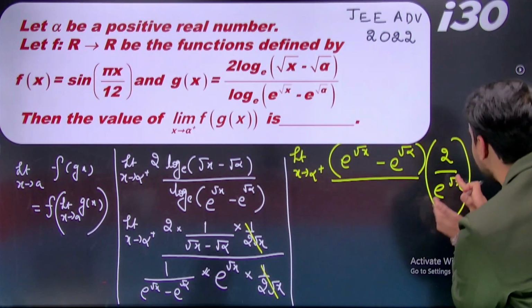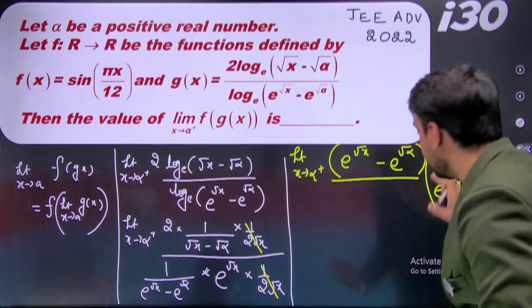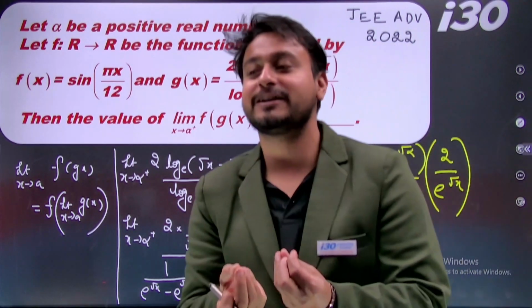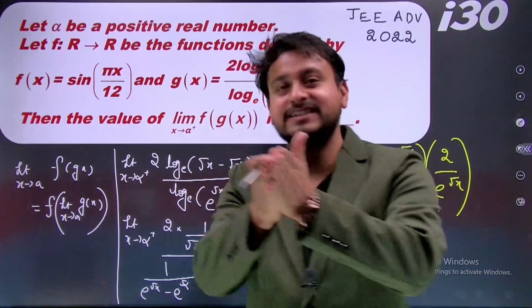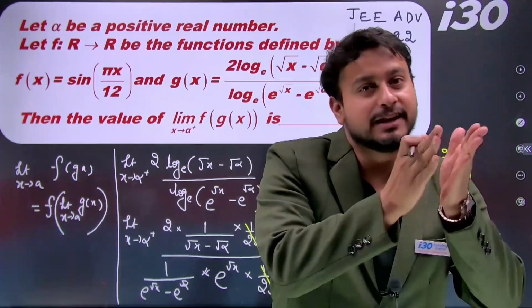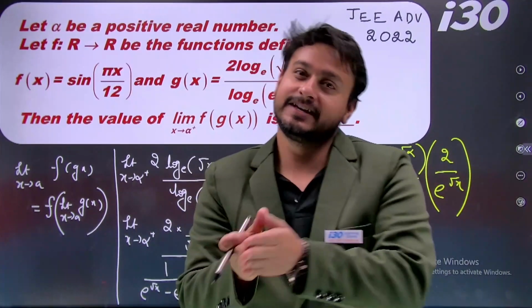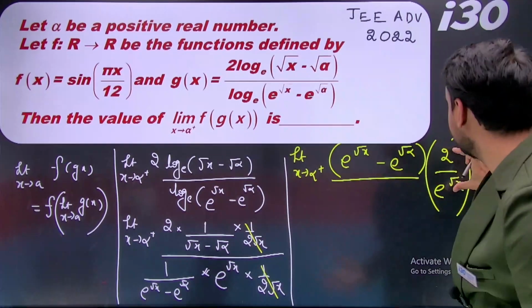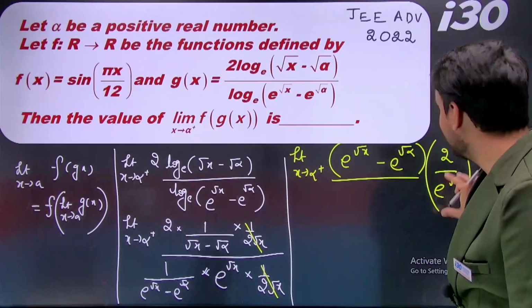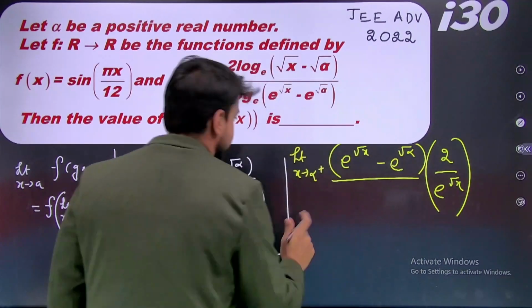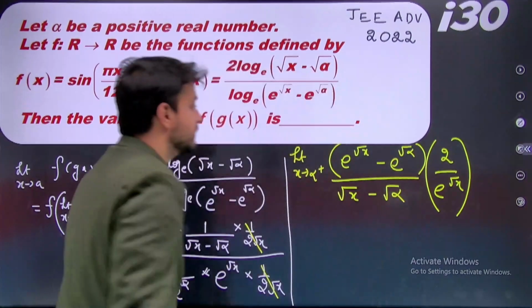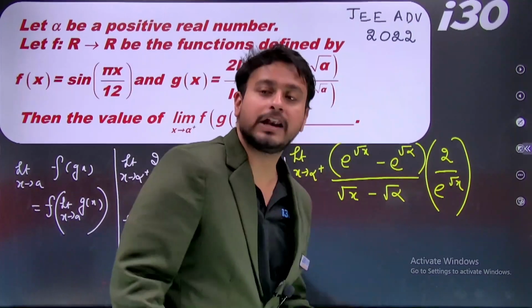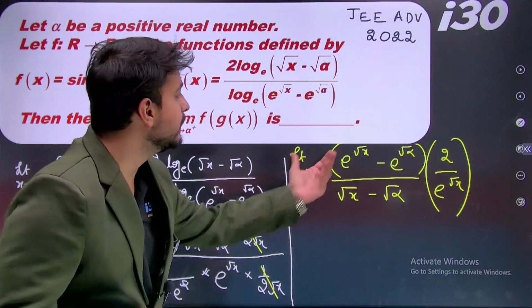Its value is e^root alpha, because we can do it by the property of limit x tending to a, f(x) into g(x) is nothing but limit of f(x) into limit of g(x). So this value is nothing but 2 divided by e^root alpha. We can keep it separate. Whereas this other value is actually an indeterminate form, a 0 by 0 form. So we can use L'Hopital rule again and calculate its value.